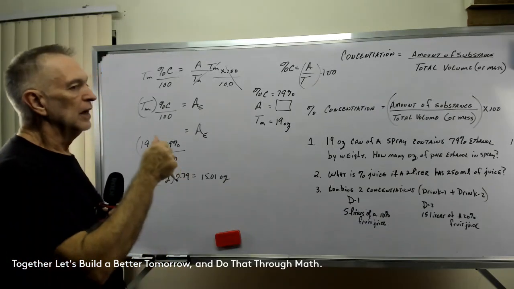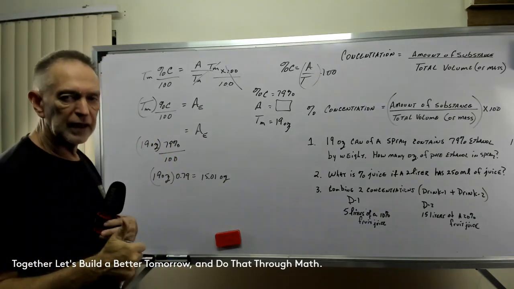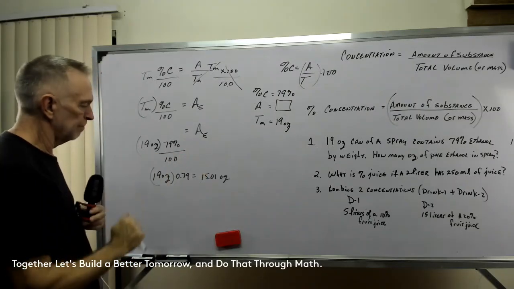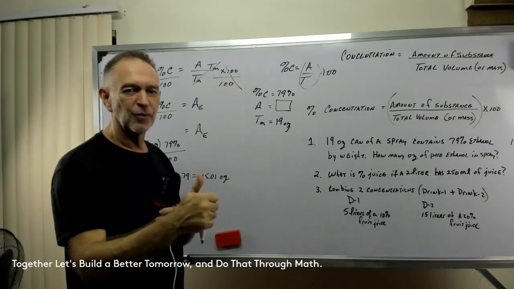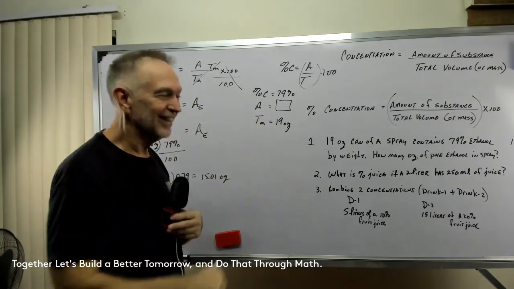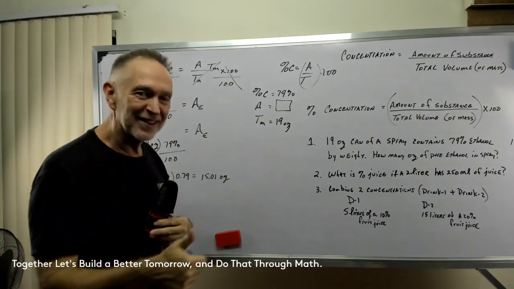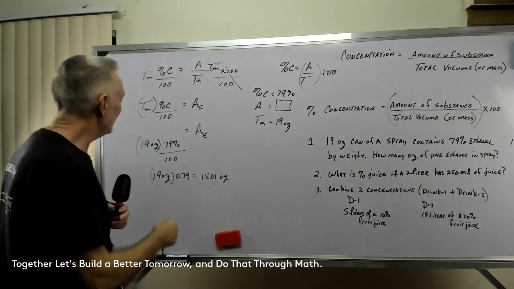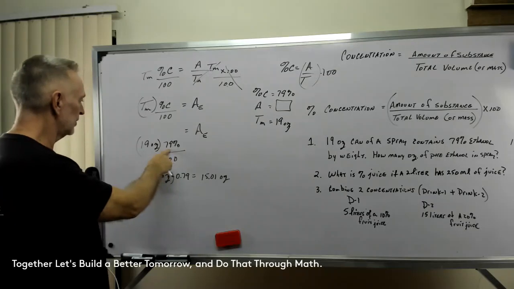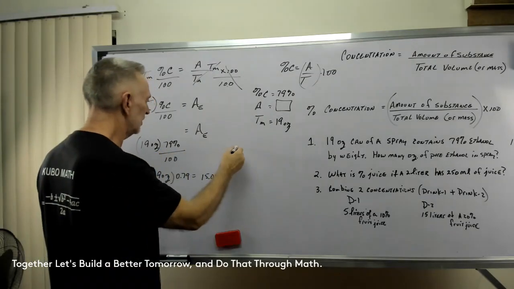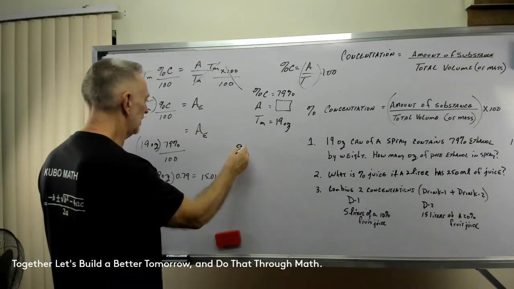Now, I try to get the students to think about a rule of thumb. I do that a lot. But what that means is, if I'm trying to get an estimate for these two numbers, well, that's about 80, right?